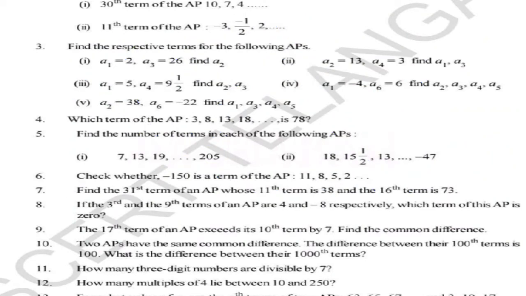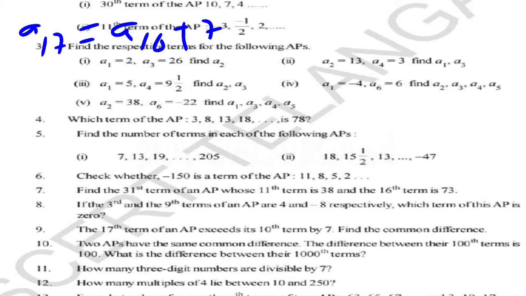Next, 9th question, the 17th term of an AP exceeds its 10th term by 7. See, the 17th term of the AP, that means A17, exceeds its 10th term by 7, that means A10, and exceeds means plus. So A17 equals A10 plus 7. So this is the equation.